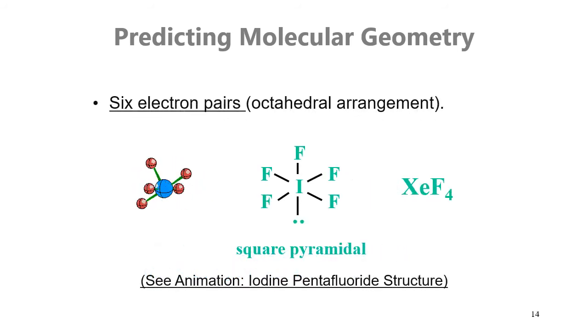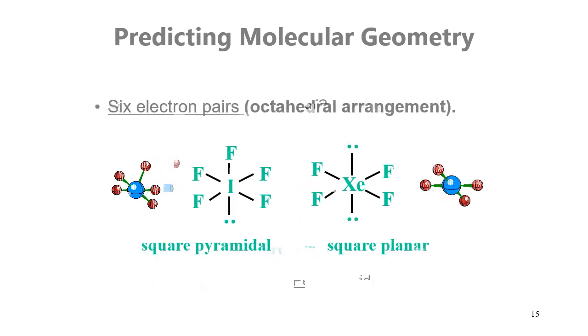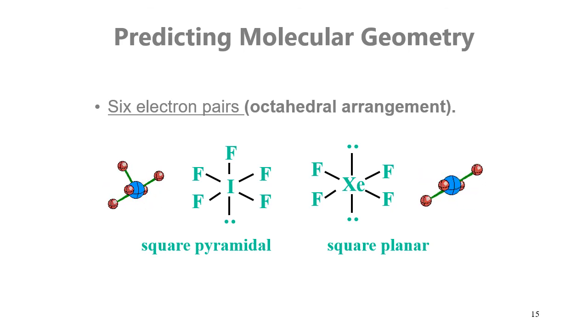So you will get square pyramidal for IF5. And you will get square planar for xenon tetrafluoride. If you have problems understanding the materials in this video 13, please refer again to video 12 for better explanation.